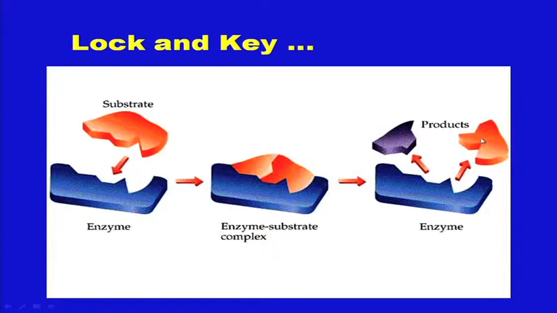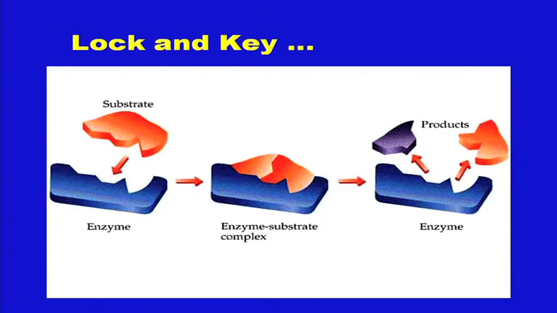This may represent the breaking of a moderately large molecule into smaller ones, or a substrate dissociating into two products via this enzyme. So, enzyme plus substrate produces the enzyme substrate complex, then the enzyme comes back, and these two are the products.